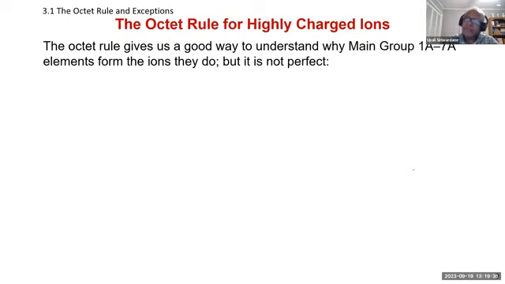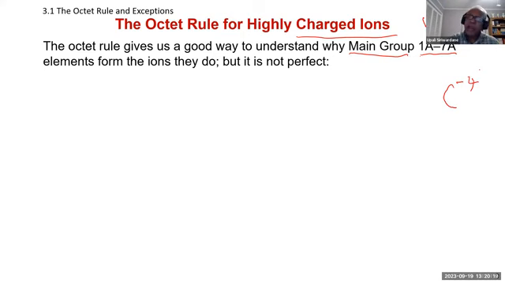Now there are exceptions to the Lewis octet rule. It mainly applies to main group elements, as I indicated, 1A, 2A, 3A, 4A, 5A, 6A, 7A. But it doesn't apply to highly charged ions. A highly charged ion is a metal with 4+ or a non-metal with 4-.